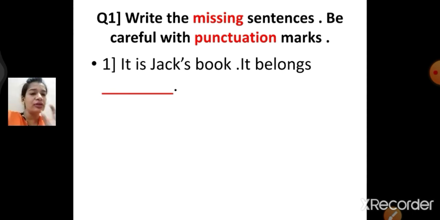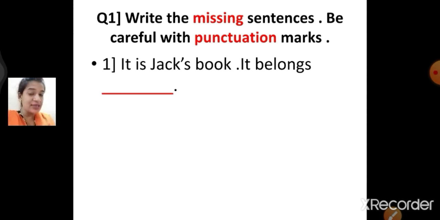Now children, this first answer is already given in your active English book to understand how you have to solve the other questions. So I have not shown it here, but I am explaining to you. It is Jack's book. Jack apostrophe S. So it belongs to Jack.